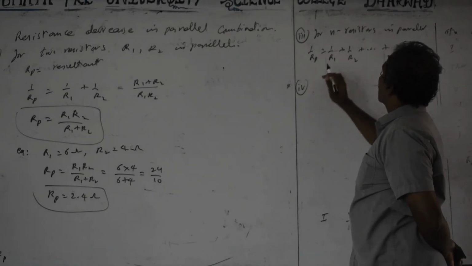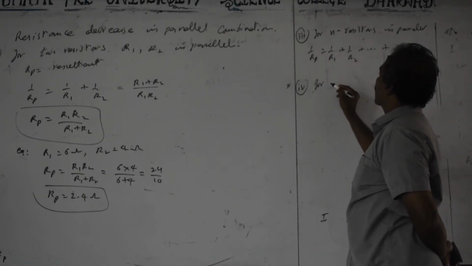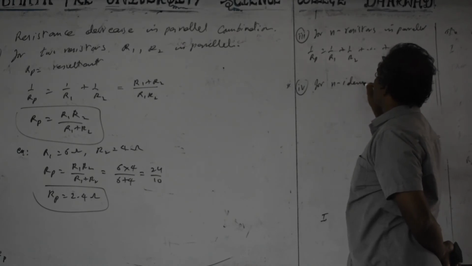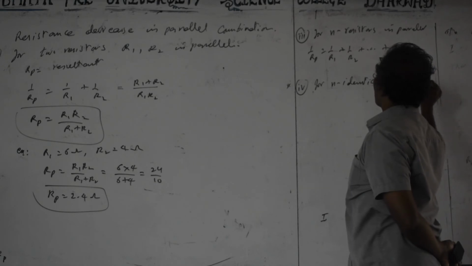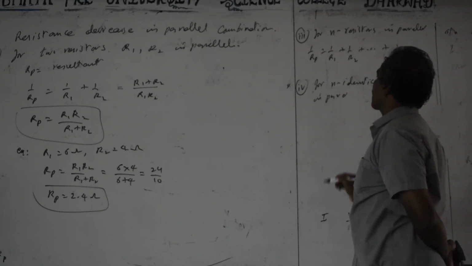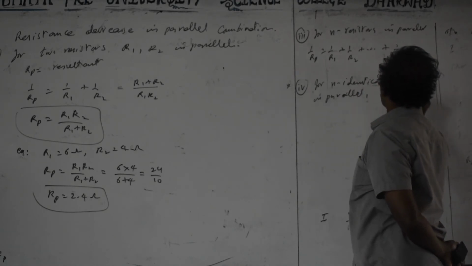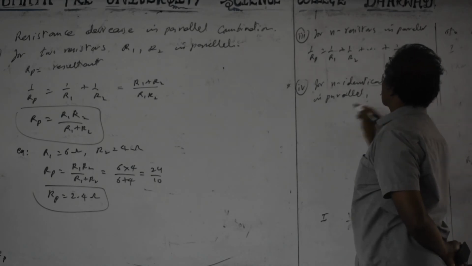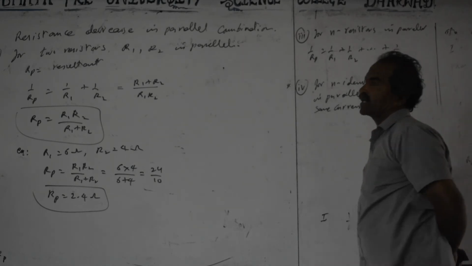For n identical resistors in parallel, meaning the same values, whenever the resistance is the same, the current is also the same.